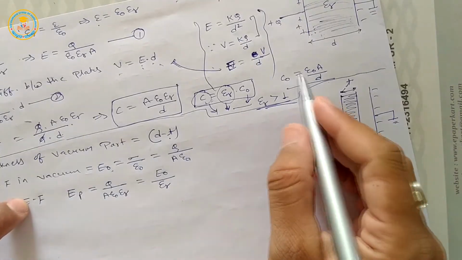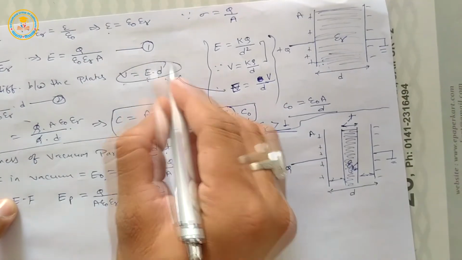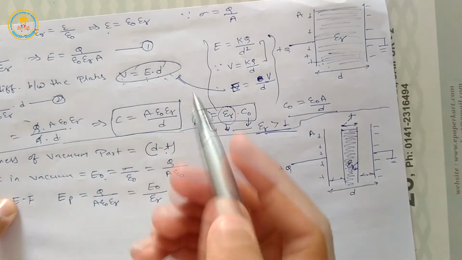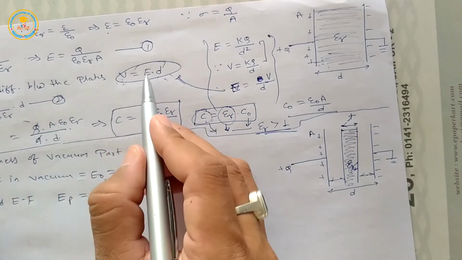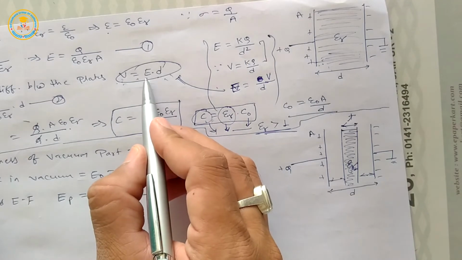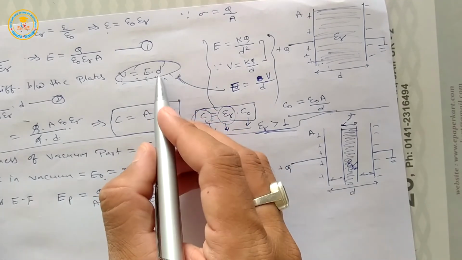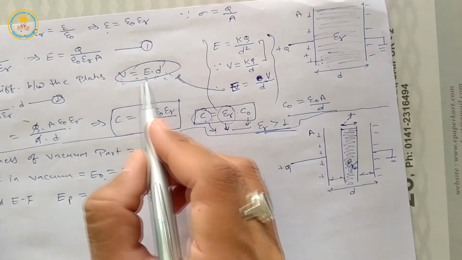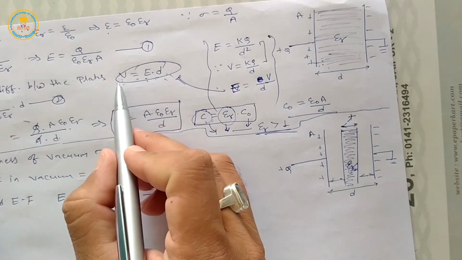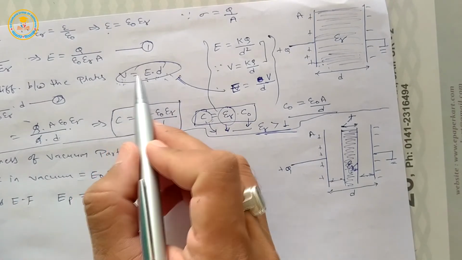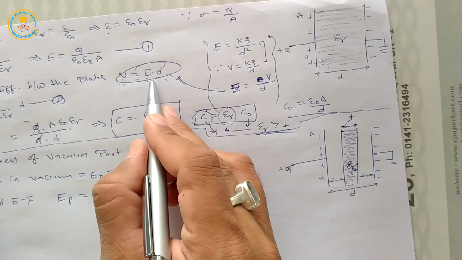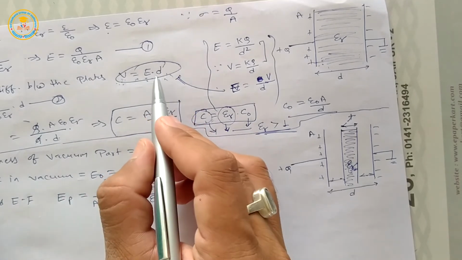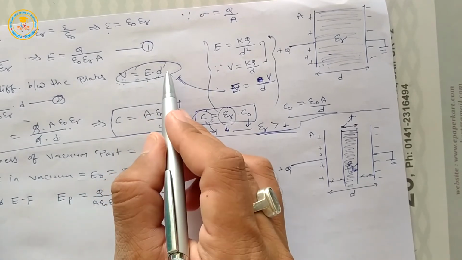So from this equation, V is equal to E into d. It means the potential difference in vacuum is equal to the electric field in vacuum multiplied by the thickness of the vacuum, plus the potential difference in the medium, which is equal to the electric field in the medium multiplied by the thickness of the dielectric medium.